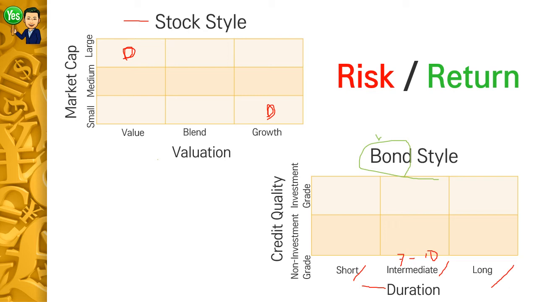The credit quality axis runs from non-investment grade, which means junk funds, to investment grade, which means good companies or U.S. government bonds. Okay, let's erase this.